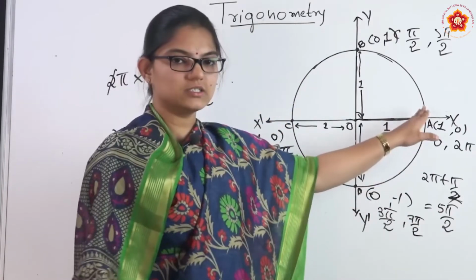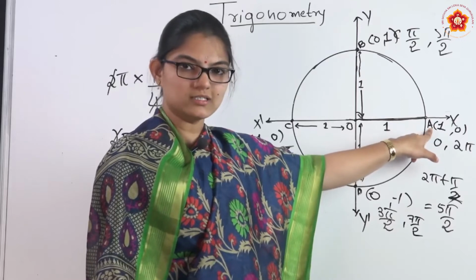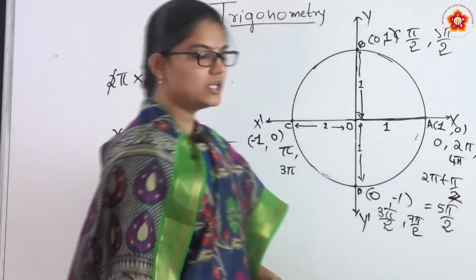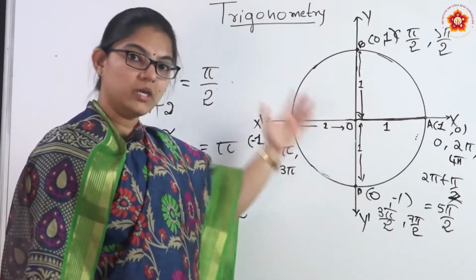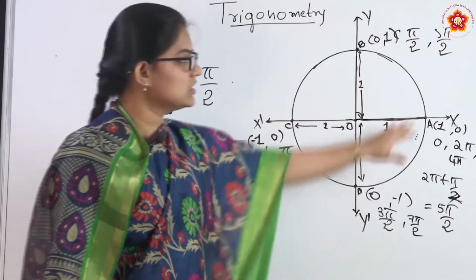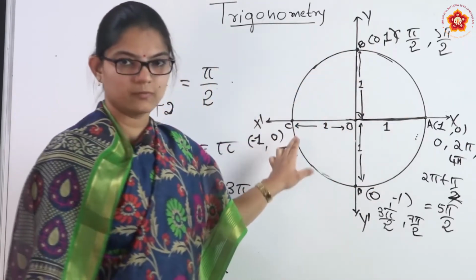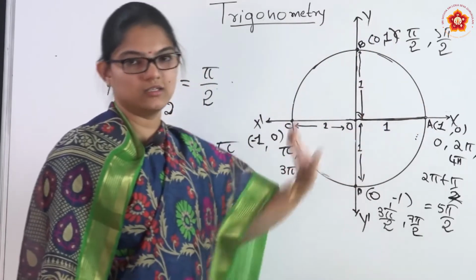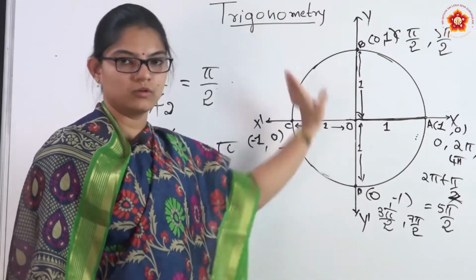Still more, after 2 revolutions, you will get one more angle, that is 4 pi, correct? So likewise we are able to find as many angles in this unit circle, by considering the points, by rotating more and more and more, okay?